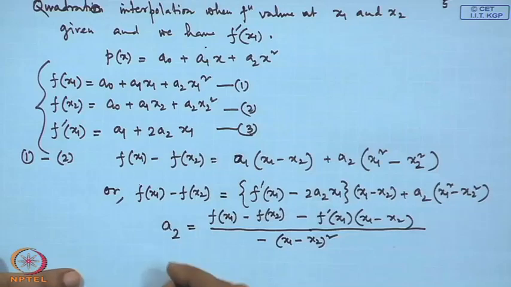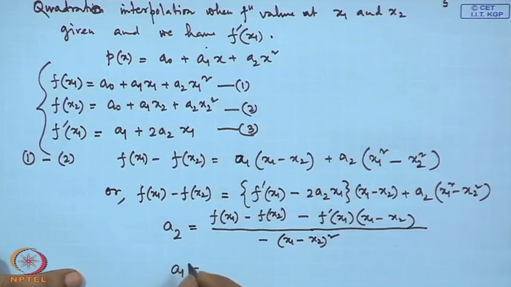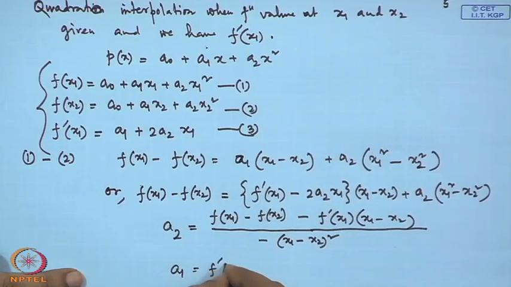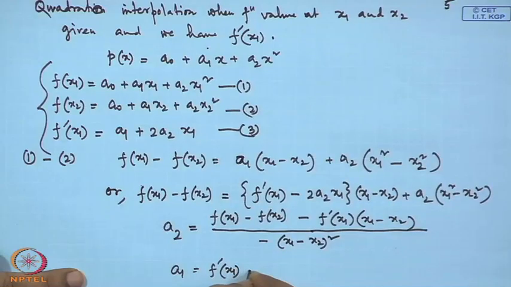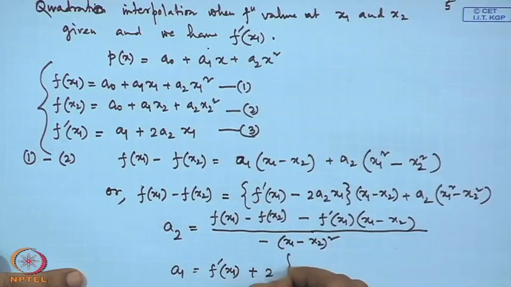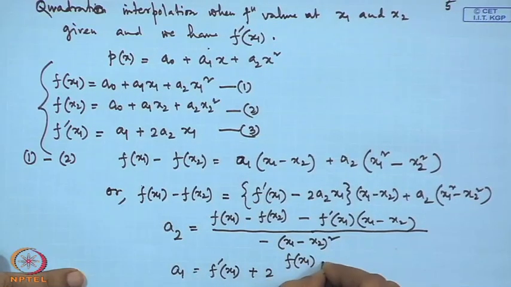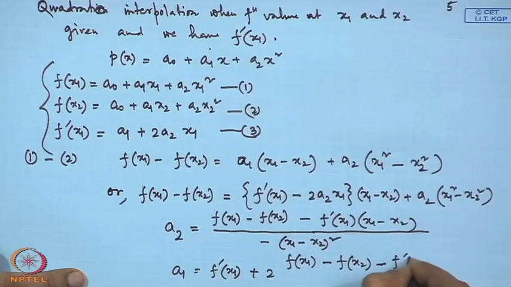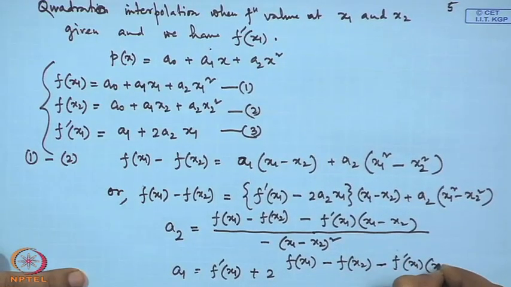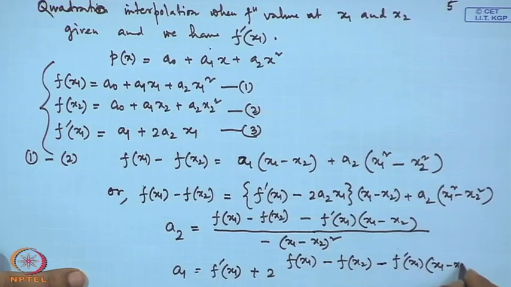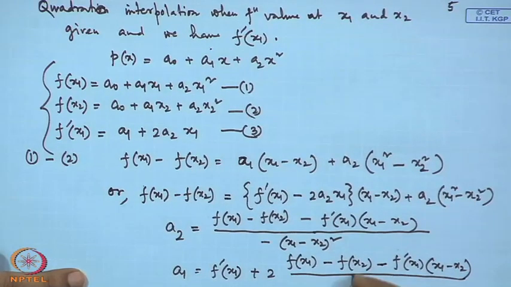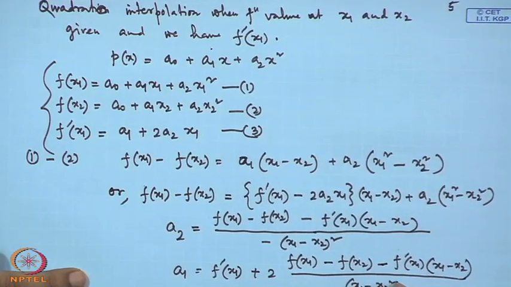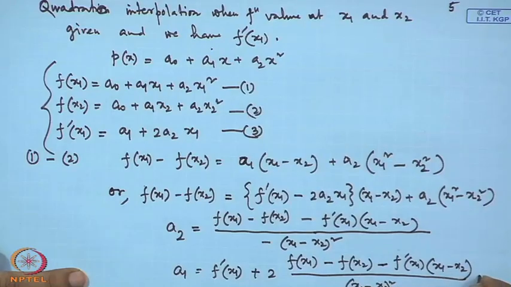Now, we can have a 1 as well. By substituting the value for a 2, we will get a 1 as f prime x 1 plus 2 into f x 1 minus f x 2 minus f prime x 1 into x 1 minus x 2, divided by x 1 minus x 2 whole square, and here x 1.